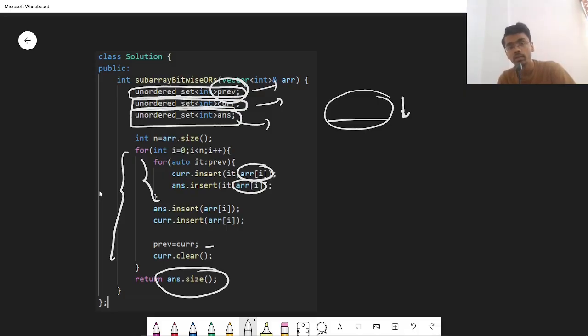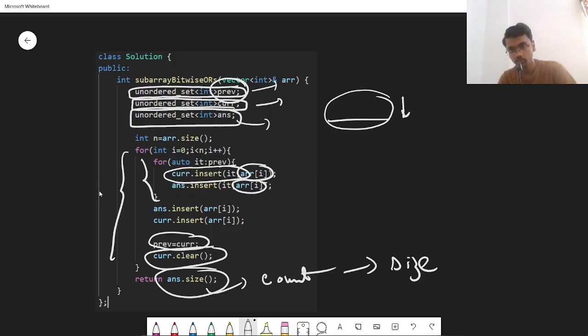And before clearing current, store our new current into previous, because now our previous will be the current value, and this previous will move on further. In the end, we are just returning the answer dot size, because whatever total unique bitwise OR values we have, we just need to return the count.